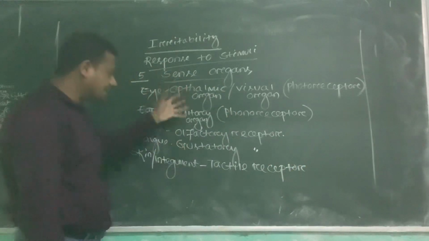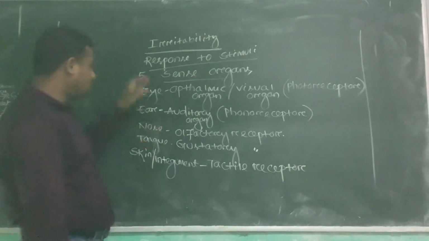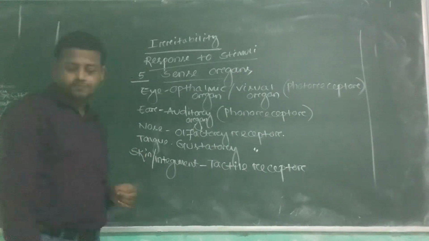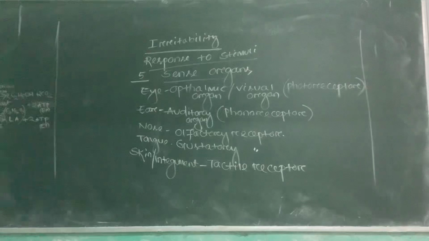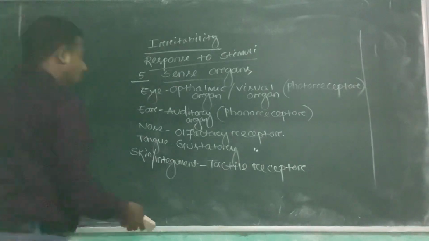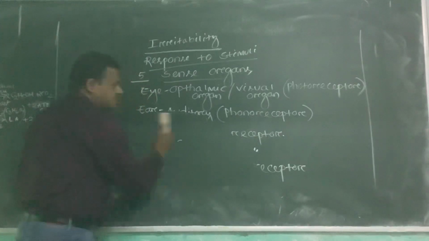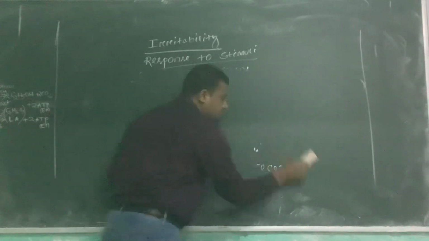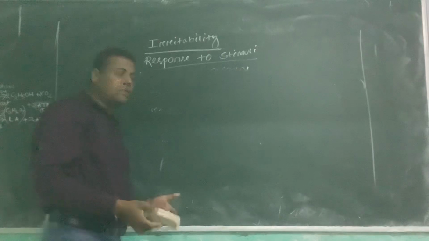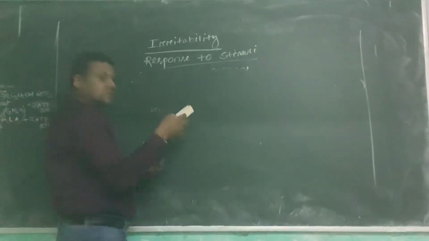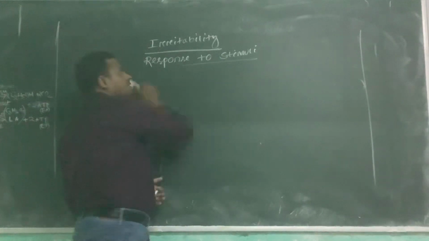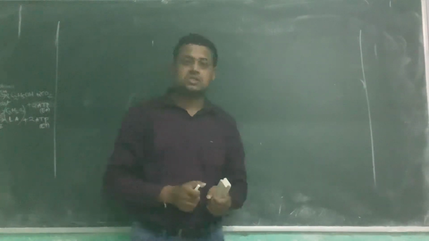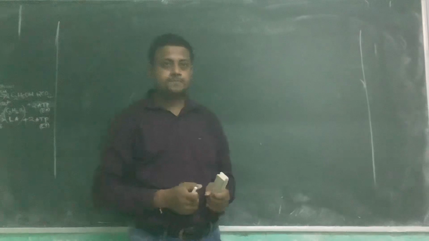So these are the scientific terms of the different sense organs of animals. These sense organs receive different types of stimuli from the surrounding environment and show response. Simply, response to stimuli is called irritability.